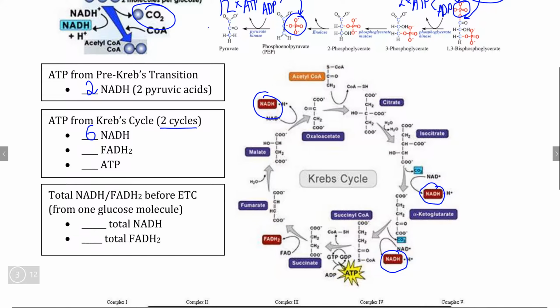But of course, we need to remember the counterpart, FADH2, that is produced at this conversion between succinate and fumarate here. Because it's 1 per cycle and 2 cycles per glucose molecule, we would end up with 2.